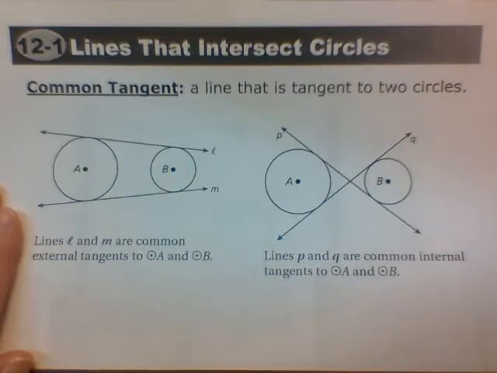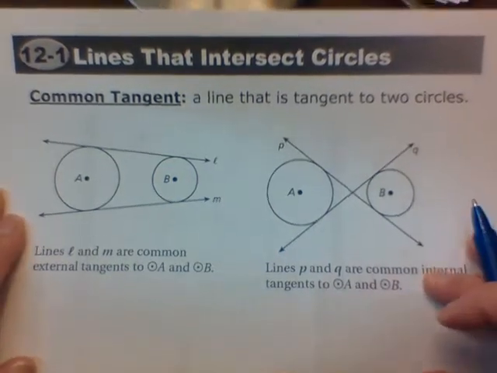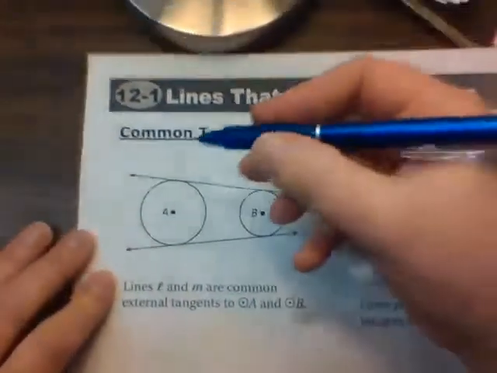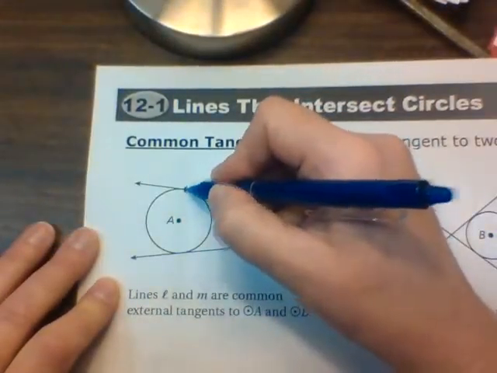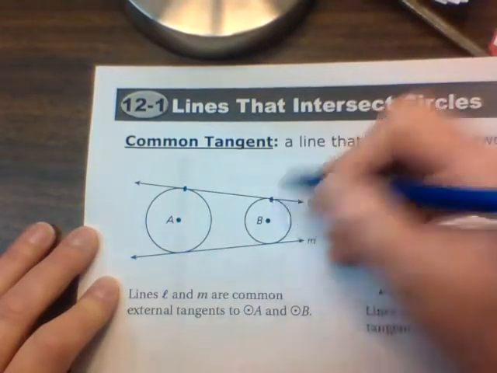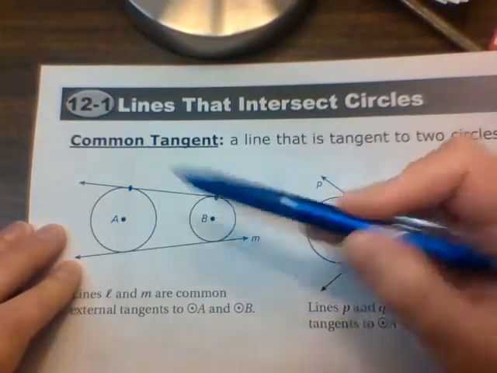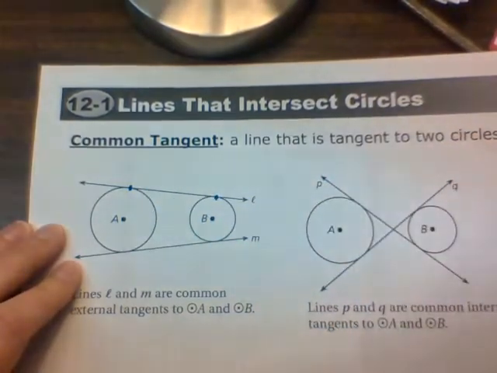Then we've got a few more images of tangent, or common tangents in this case. So it's a line that is tangent to 2 circles at the same exact time. So again, very hard to draw, so yay for computer generation here. This line here, line L, touches circle B and A at that one tangent point.